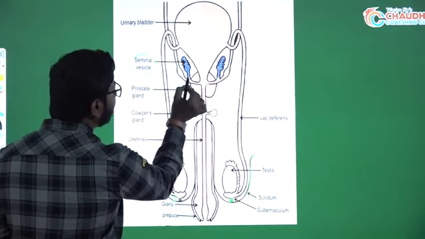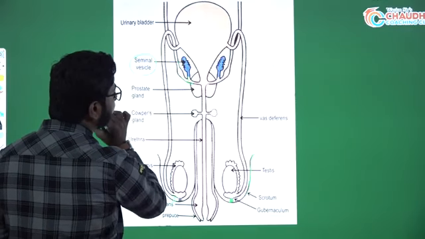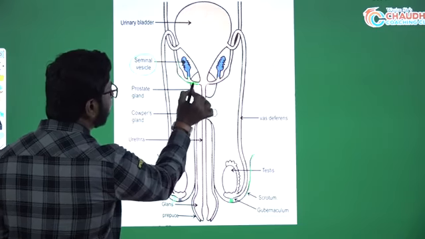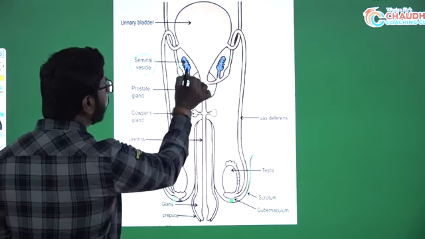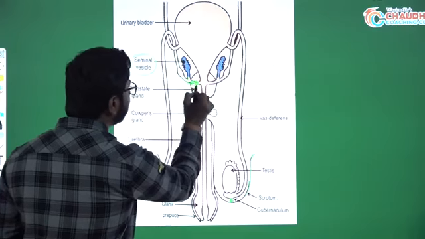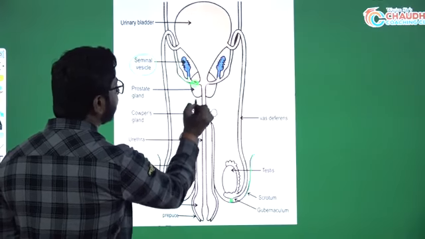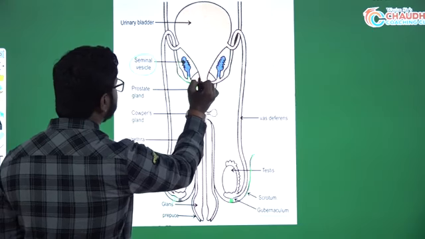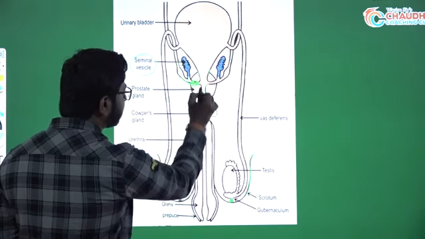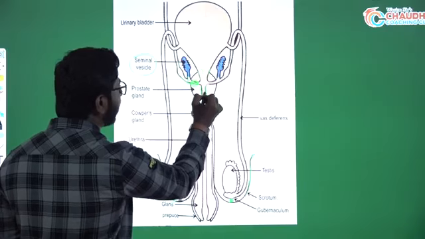The duct from the seminal vesicle gland joins the vas deferens here. So the content flowing in this direction will have sperm as well as seminal fluid. So this particular position carries seminal vesicle fluid as well as sperm, and this duct joins the urethra. So this is a common passage for urine as well as semen.